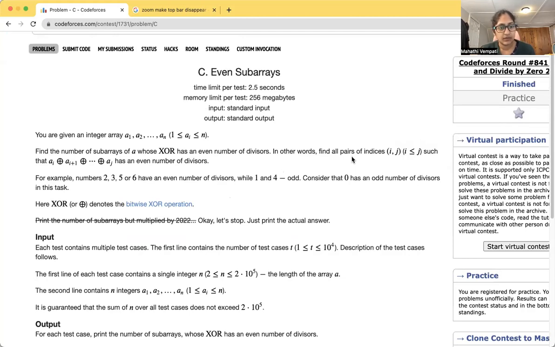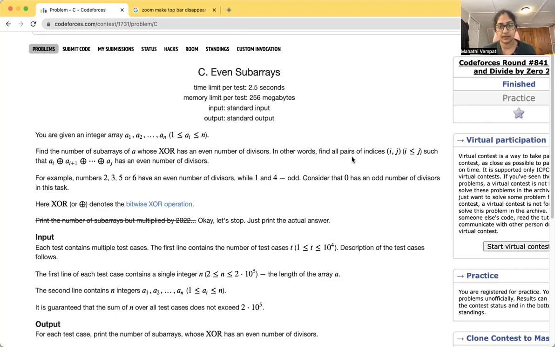Even subarrays. You're given an integer array A1 to AN and each AI is less than or equal to N. Find the number of subarrays of A whose XOR has an even number of divisors. Okay, number of subarrays.